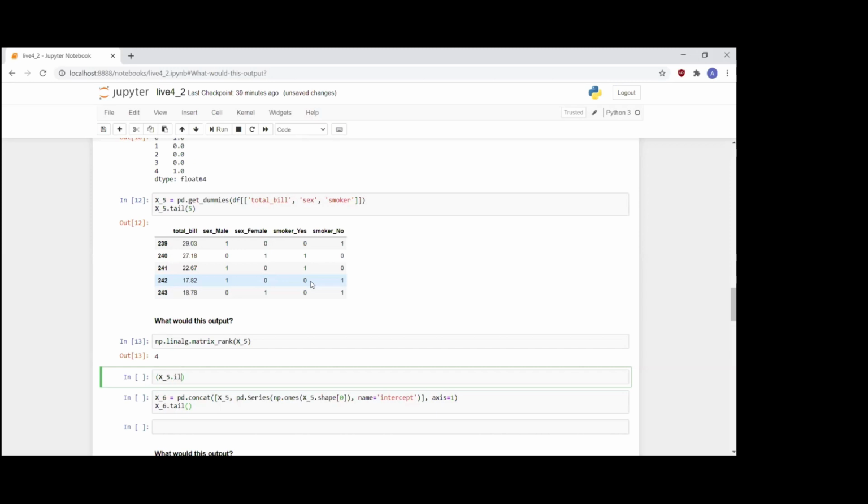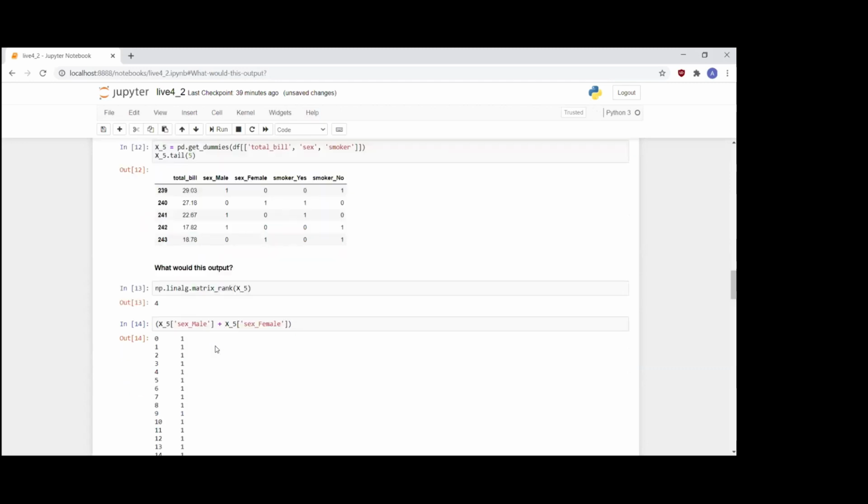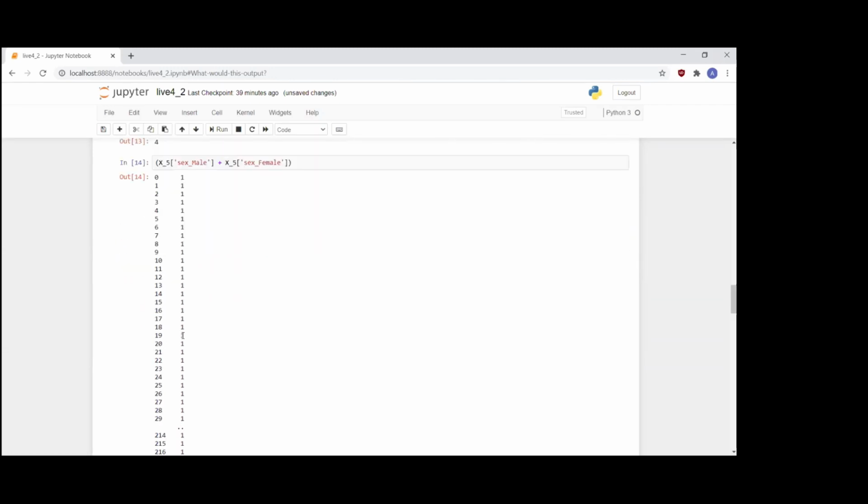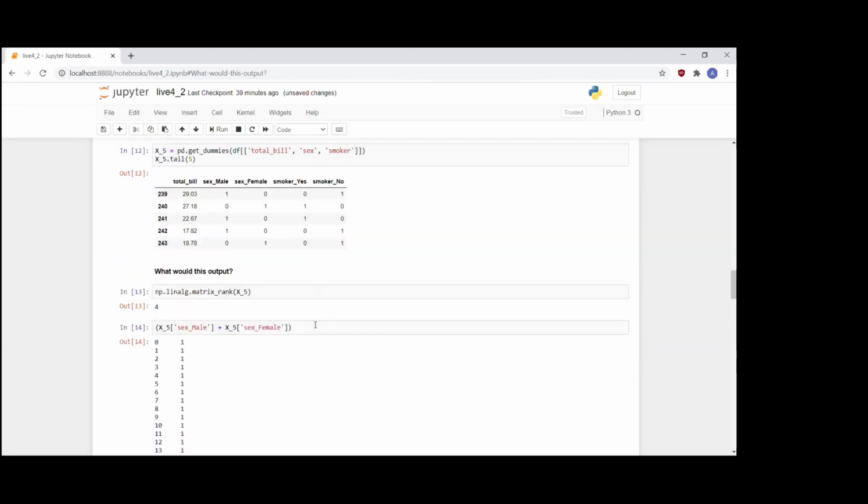I can add X5 sex male plus X5 sex female. This by itself will give me a column of all ones because you're either male or female, and if you add these two, you basically get the intercept term. But here there's no intercept term. I'm just saying that you get a column of all ones.